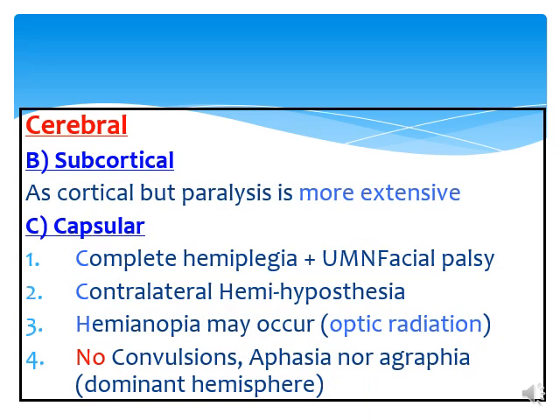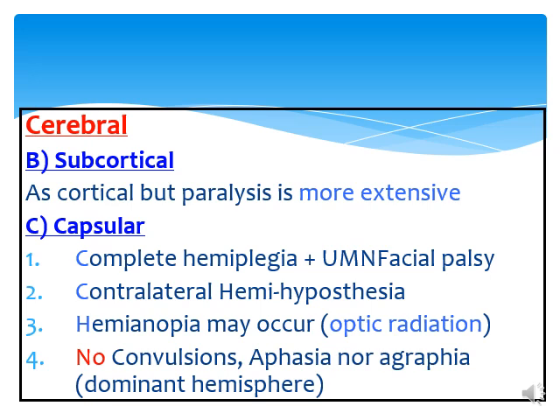Subcortical is a little bit the same but more extensive, because more fibers may be affected. Capsular: all these fibers are collected in a bundle that goes through the internal capsule, so complete hemiplegia can happen with upper motor neuron facial palsy. Contralateral hypoesthesia, the sensation will be diminished on the contralateral side.